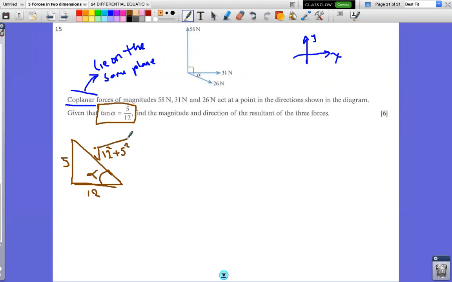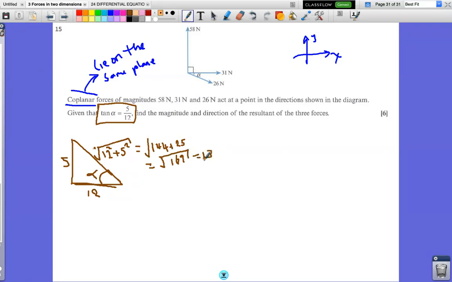That is the square root of 144 plus 25, which is the square root of 169. What is it?